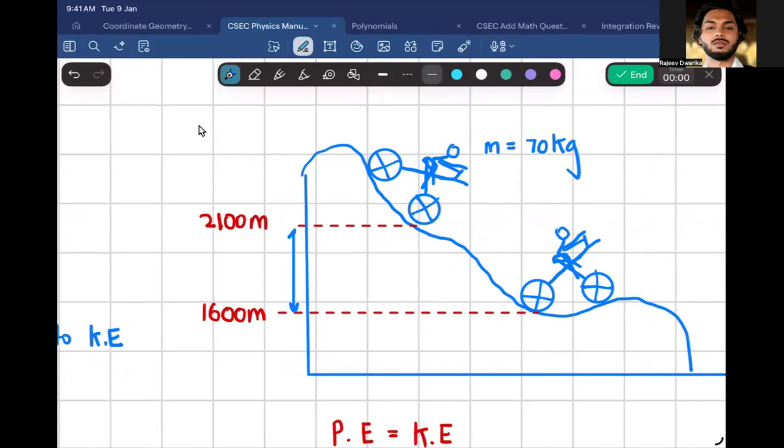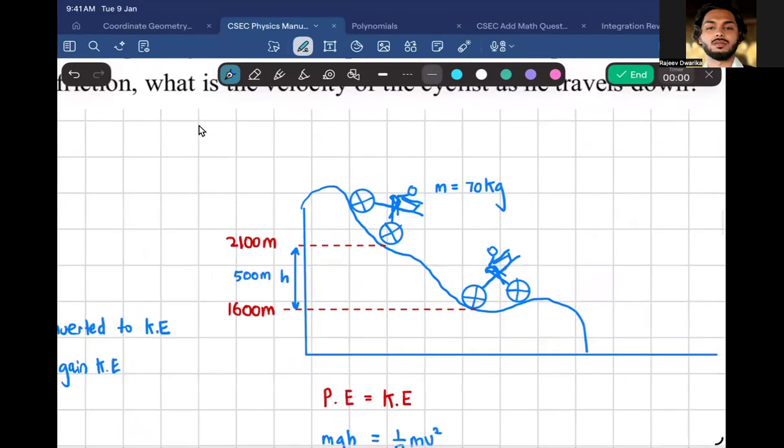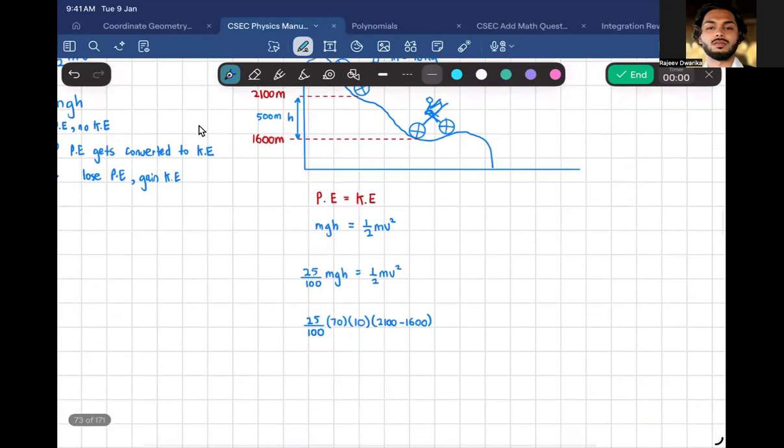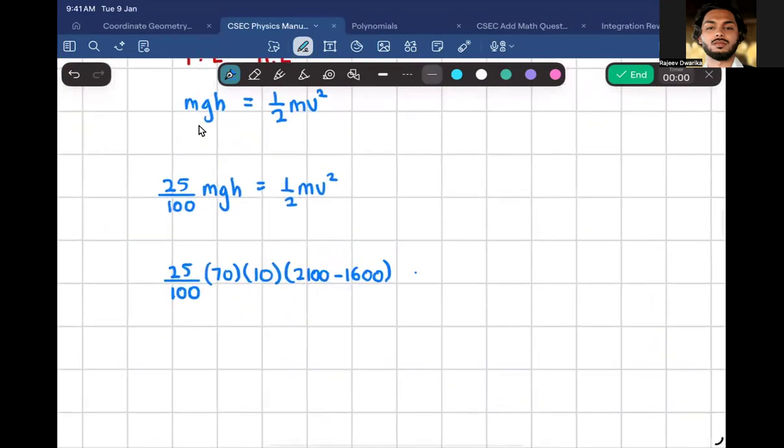If you subtract that, we're going to do some mental maths. 500. $5 or 500? 500 meters. I don't want you to count my money. If I ask you how much money I have and you tell me $5 and I have 500, right? 500 meters. Great. And that's supposed to be equal to half mv squared.